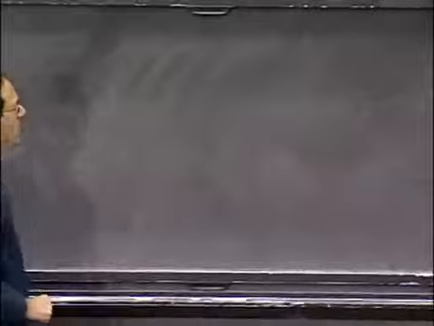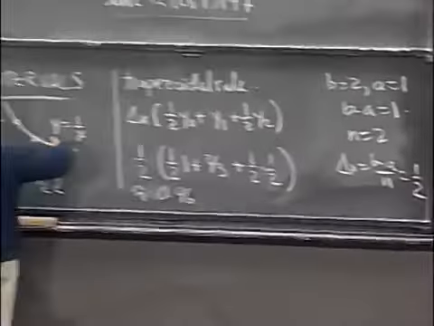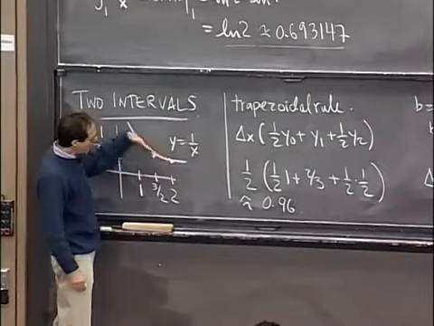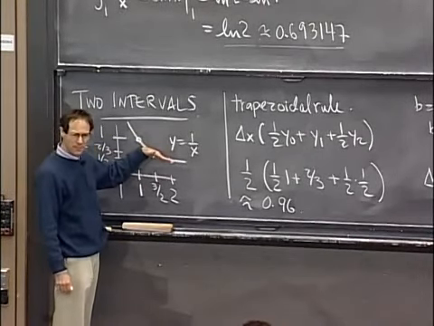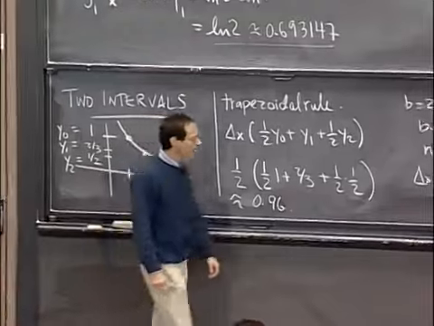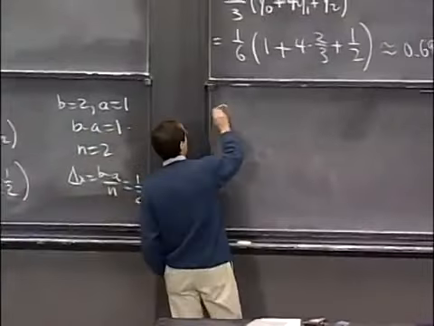The last little remark to make is that the reason is that Simpson's rule is matching a parabola. And somehow the parabola follows this curve better. It's giving the exact answer. So I'll mention this.